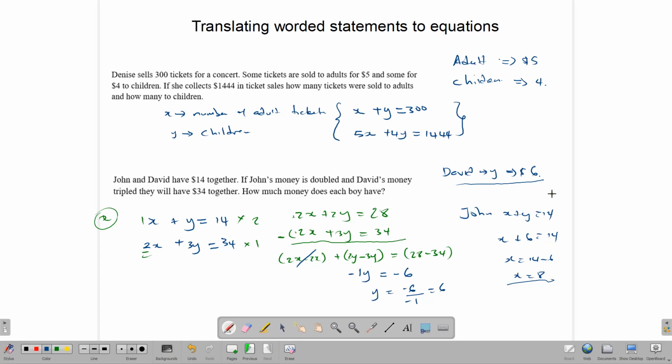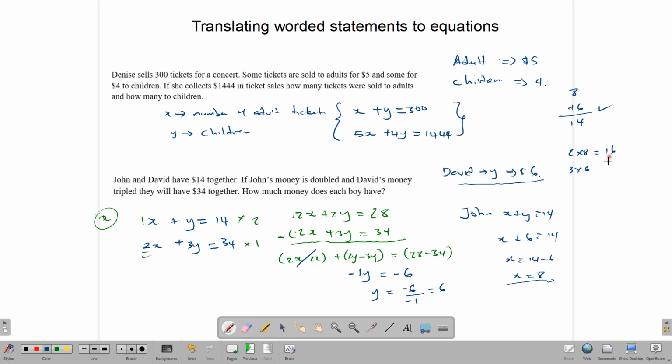Let's test it. John and David have $14 together. So if we add our 8 plus our 6, we get 14. If John's money is doubled, so we're going to double John's money, he now has 2 times 8. And David's money is tripled, so he has 3 times 6.